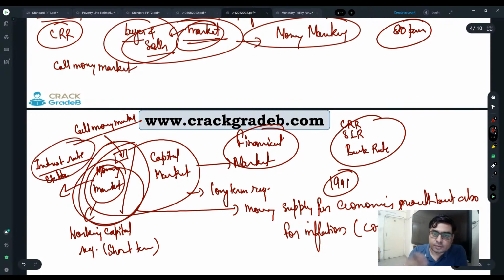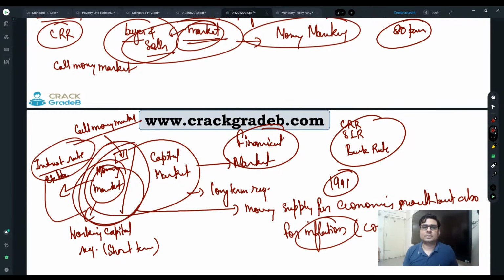And interest rates fluctuate according to inflation in the economy. So indirectly we can say that RBI wants to control inflation. In order to control inflation, RBI has to stabilize the interest rate, and for stabilizing the interest rate, RBI uses the CRR, right? I hope you got this question.